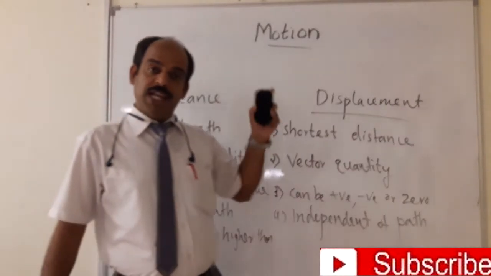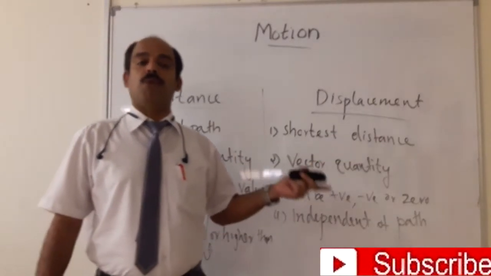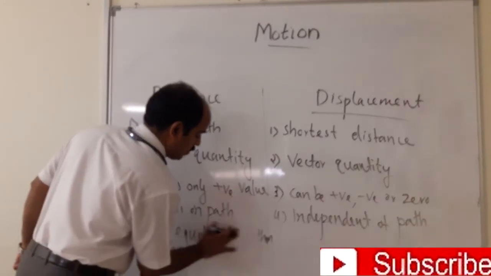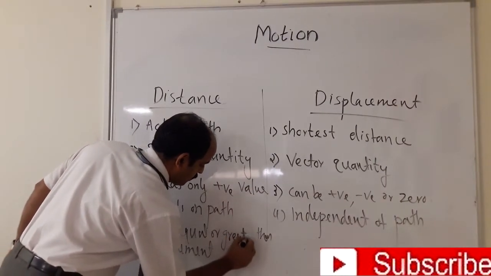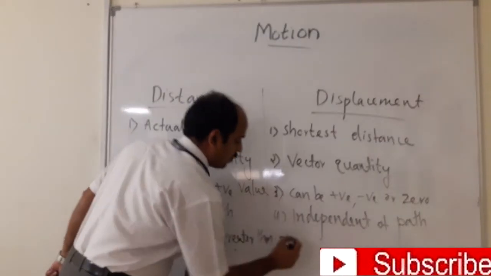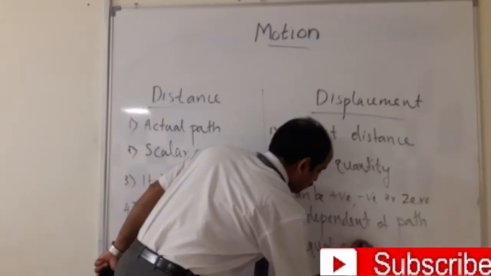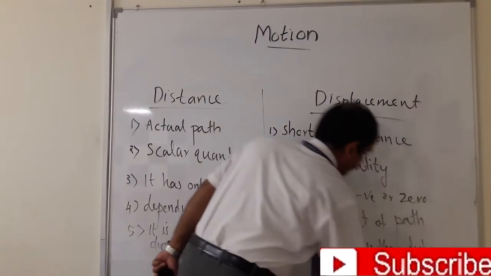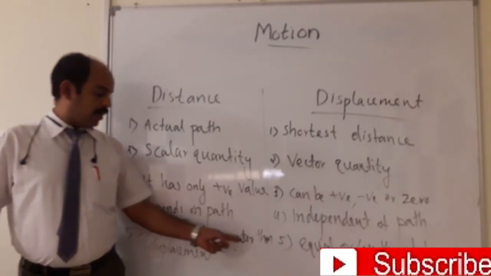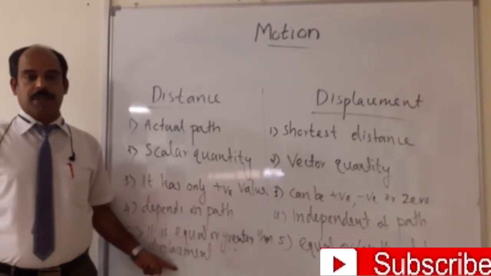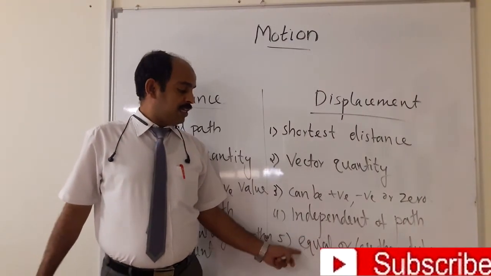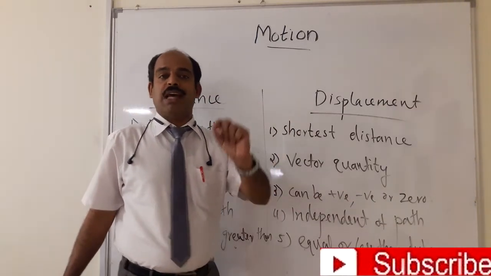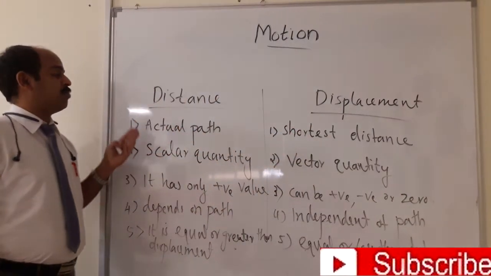So displacement itself is a distance, so distance is equal or greater than displacement. Okay, so what about the displacement? It is equal or less than distance. Displacement itself is a distance, right? But it is equal or less than distance. Okay, so these are the differences between distance and displacement.